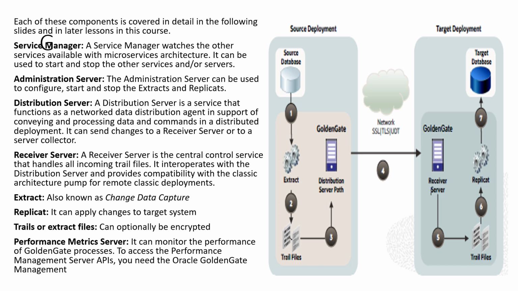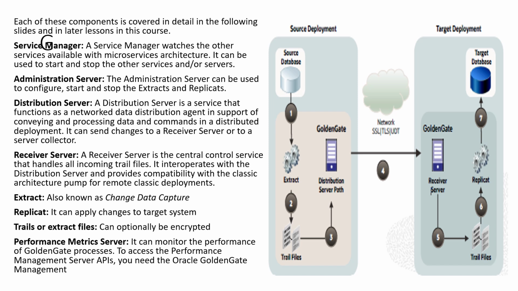We used to find out the performance of our extracts and replicats. Now it becomes much easier, right? It provides an interface where you can see the performance of each server and each process: how your replicat performance is, how your extract performance is, how many inserts, updates, or how many reads and writes it is doing. So it has become an interface and more easy to monitor your GoldenGate.